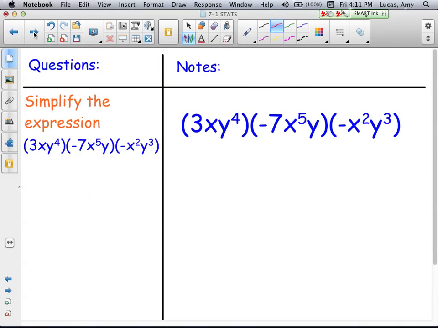One more example, getting a little more complicated here. Expanding the first one. Expanding the second one.